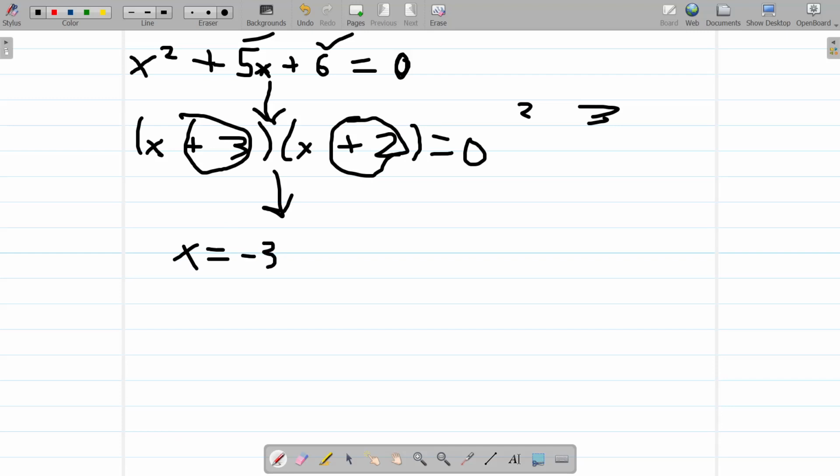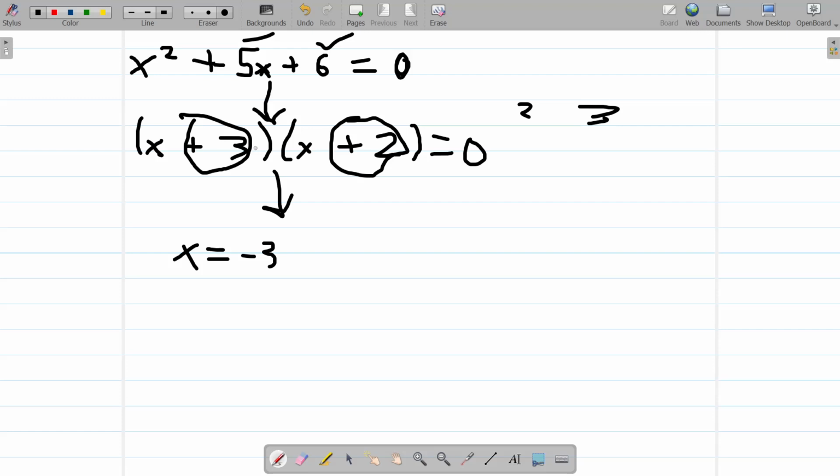You can think about this as, what would x have to be for everything in that bracket to equal 0? Because what you're trying to do is get 0 in each bracket, so it'd be 0 times 0, which would obviously make 0. So you're trying to make x almost the opposite of 3, so that when you add them together, or take them away as it may be with some questions, it will always equal 0.